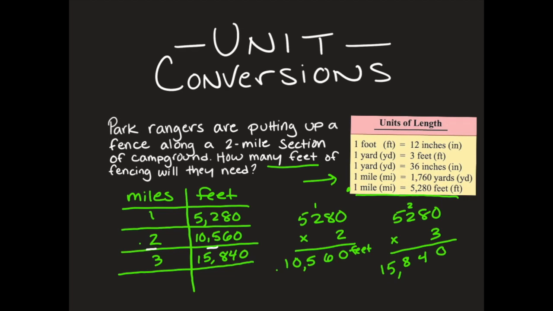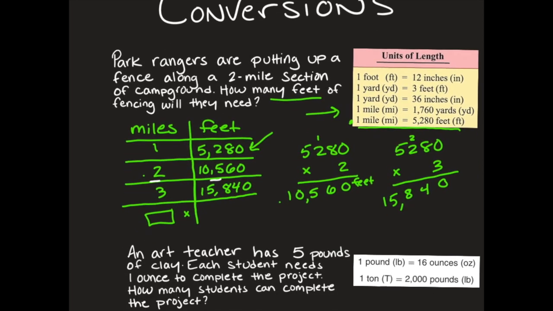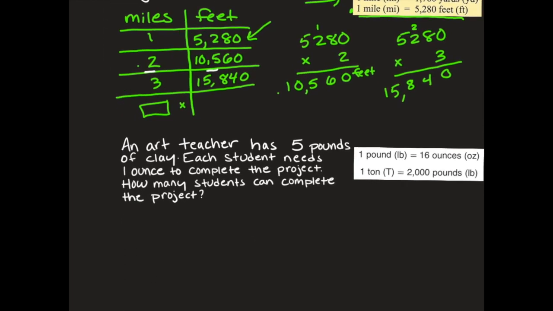And that is for 3 miles. I could continue on with my chart if they asked me for 10 miles or 20 miles, 15 miles. I could always continue on with this chart, and you'll start to notice the pattern. I take whatever my mile number is and I multiply it by 5,280.